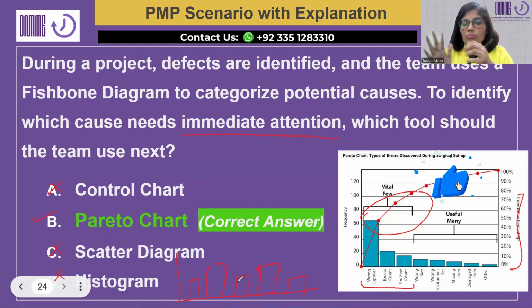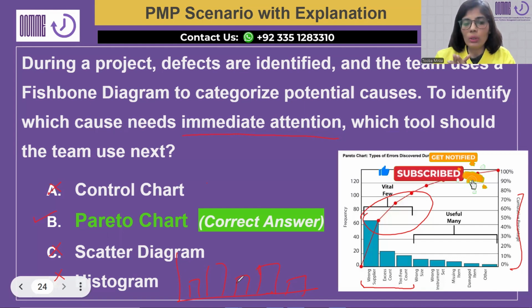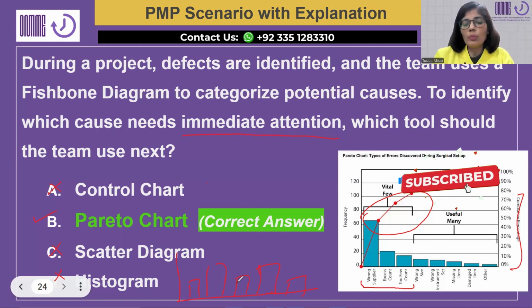It's like randomly placed bars on the chart depending on what we are keeping at the X and Y axis. So Pareto chart is not any other histogram. It's a ranked histogram with a particular intent to follow with respect to quality.